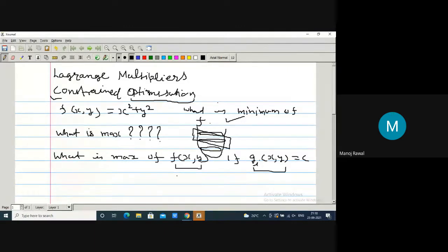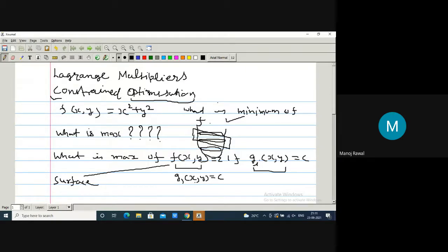If one constraint is given, then I will say g_1(x,y) = some c. Suppose this is equal to z. Two independent variables with a dependent variable gives us what, students? A surface.